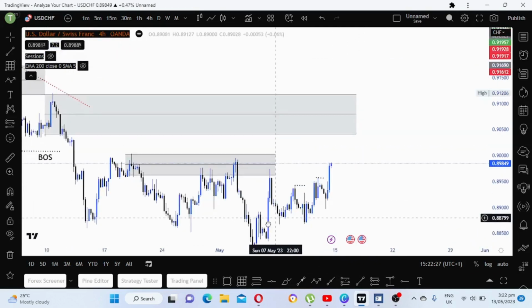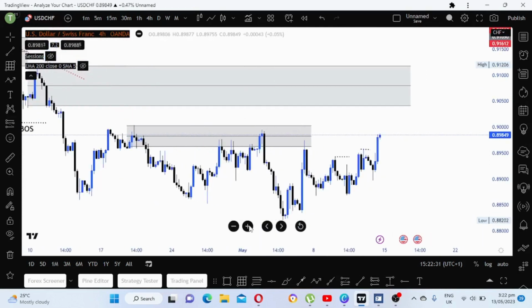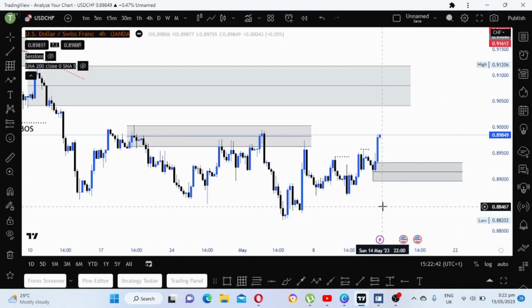Let me draw a supply zone, which is here. The price can just pull back and continue higher, as you can see.